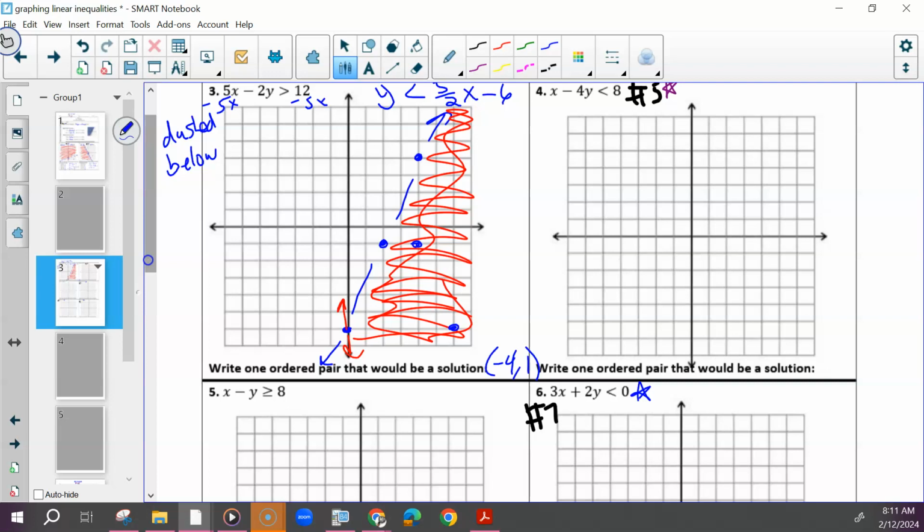Someone else give me a different solution. 2, 5.